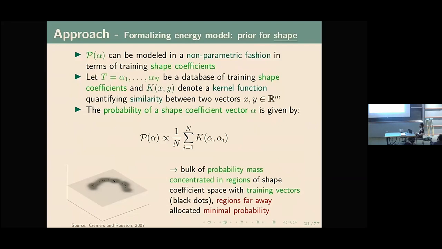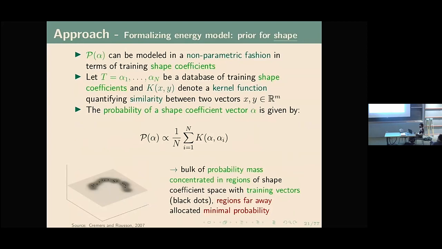So let's construct a probability model in a non-parametric fashion for the shape coefficient vector alpha. Alpha might be high dimensional, so modeling the joint probability of the whole vector directly is too difficult. Therefore, it's better to express the probability in terms of similarity to training shapes in a non-parametric fashion.